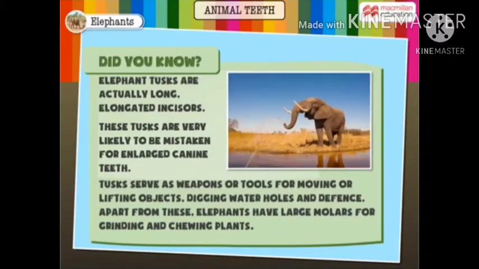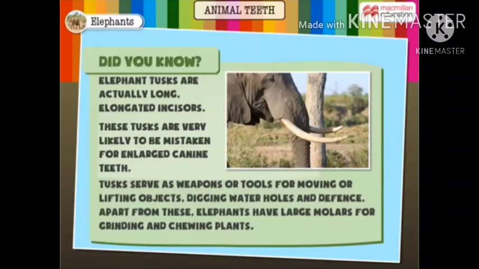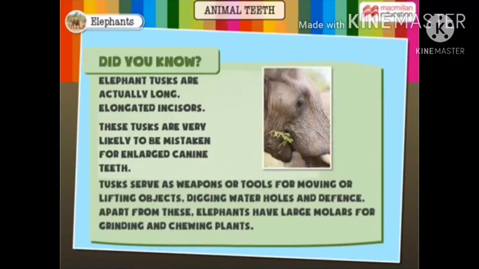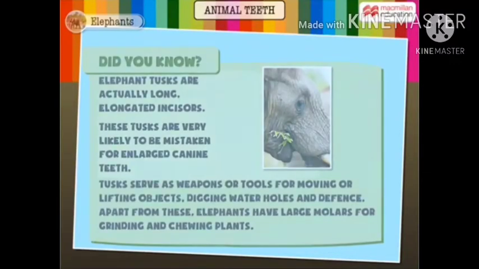These tusks are very likely to be mistaken for enlarged canine teeth. Tusks serve as weapons or tools for moving or lifting objects, digging water holes, and defense. Apart from these, elephants have large molars for grinding and chewing plants.